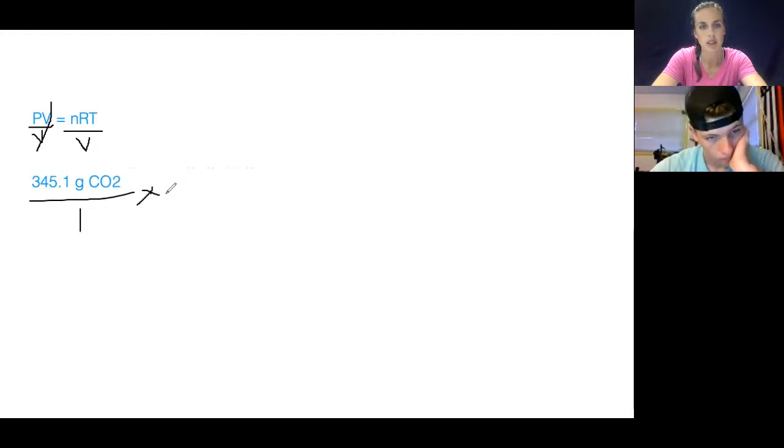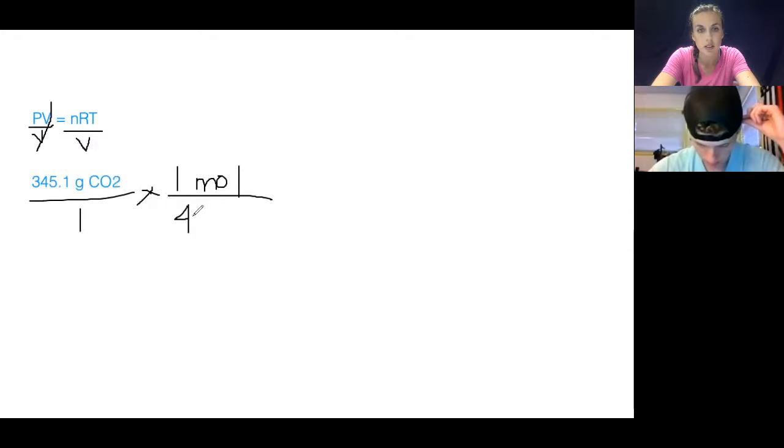And then we look at the periodic table to find out how many grams in a mole for CO2. Let's see. And it looks like 44. You know how to do that, so I'm not going to get into too much detail. Okay, so that gives me 7.84 moles.